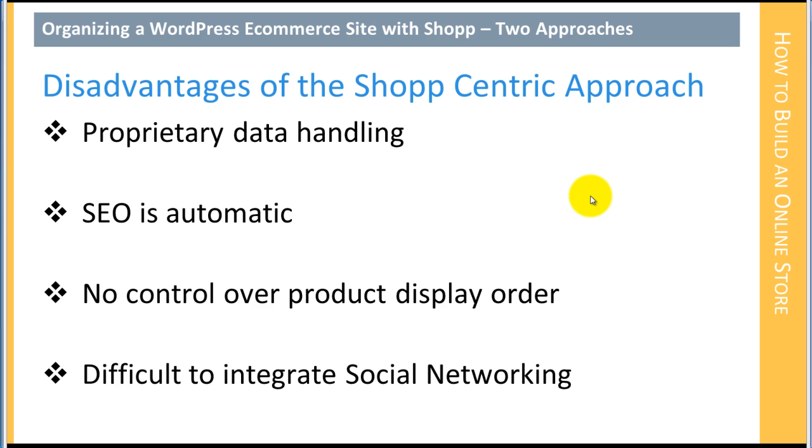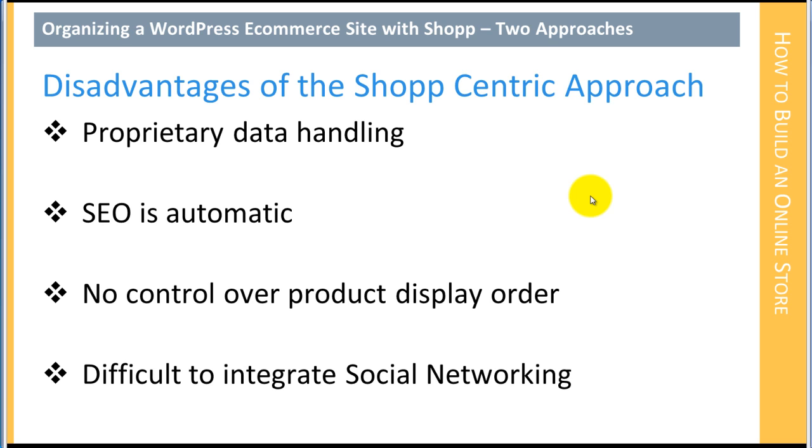If you decide that you want to use a different plugin at some point, you'll have to find a way to export Shopp's data into a format that you can import into your other plugin, or you will have to just rebuild the products from scratch in the other plugin. And if Shopp's such a good thing, why does it matter? Well, it just may happen that there is a reason why it's important for you to change, and having a proprietary system for handling your data, I think, is not ideal.